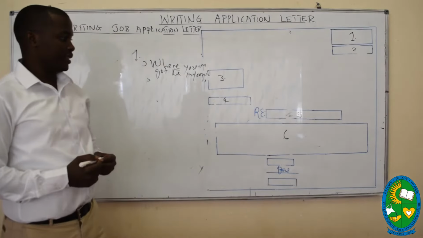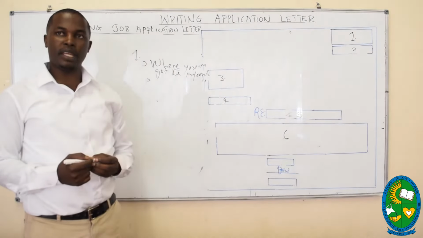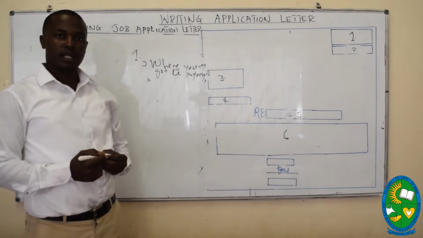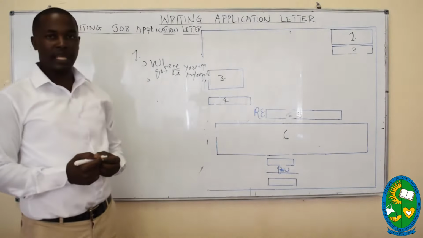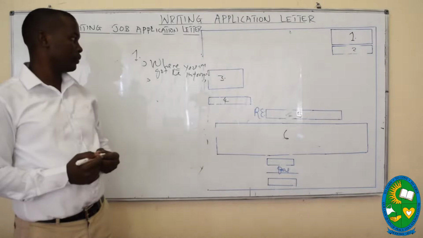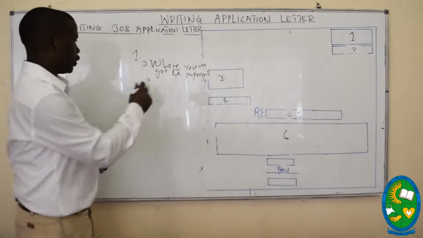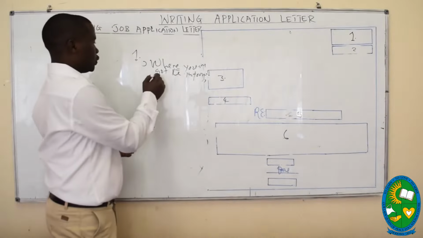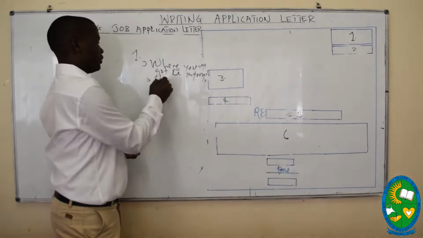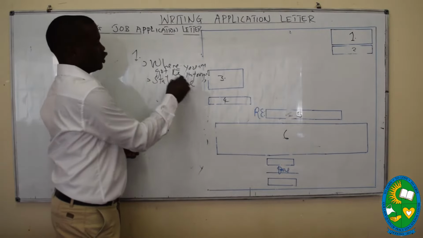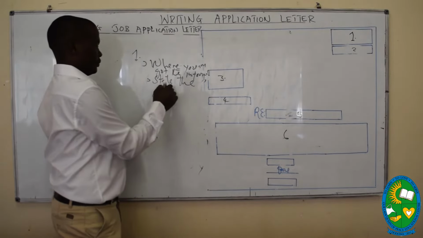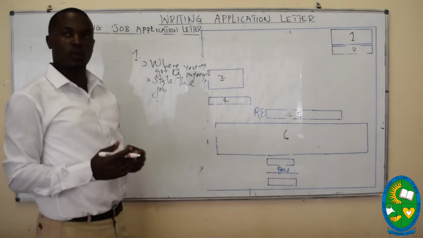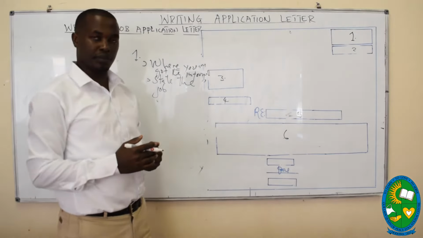As I say, the body consists of 4 main paragraphs, and the first paragraph consists of 2 main pieces of information: where you got the information, and number 2, you should state the job that you are applying for. So state the job and tell us where you got the information.